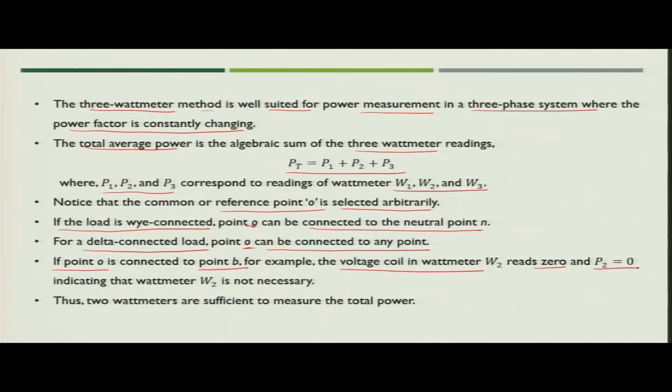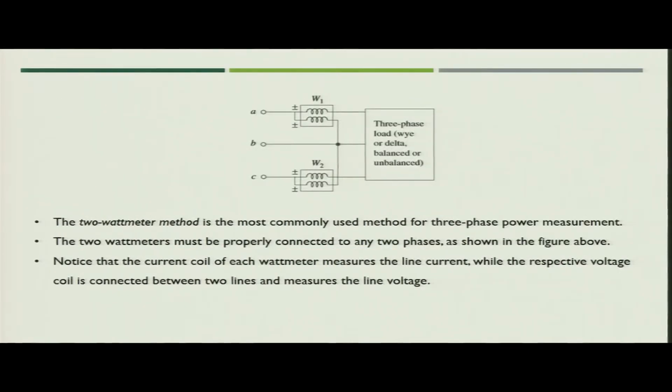Therefore, the reading which we get from wattmeter W2 will be 0. That means in this case the wattmeter W2 is not necessary to be connected. We can use only 2 wattmeters for getting the power consumption details. We will also see how 2 wattmeters are sufficient to measure the total power.